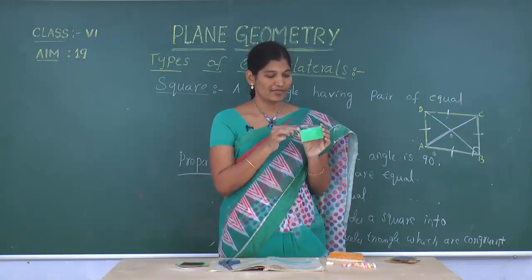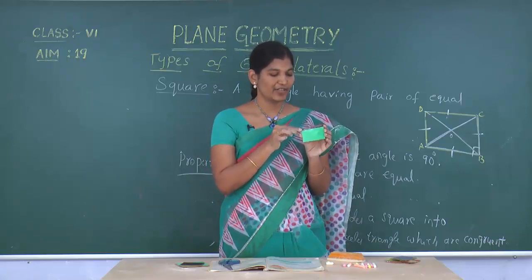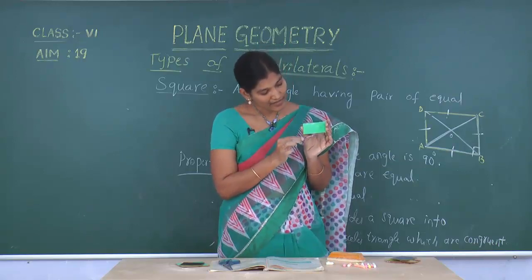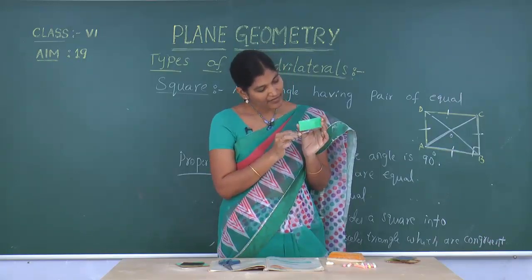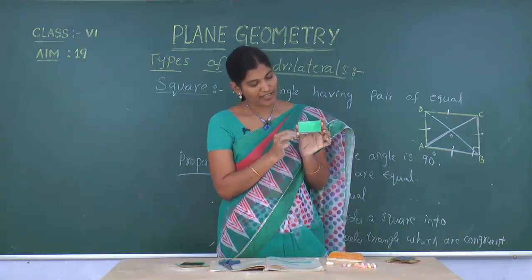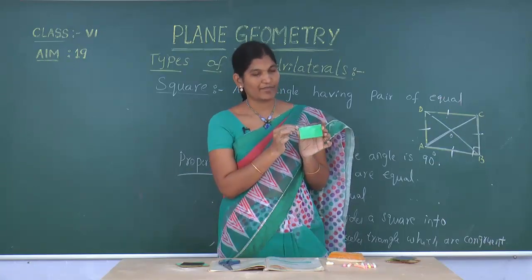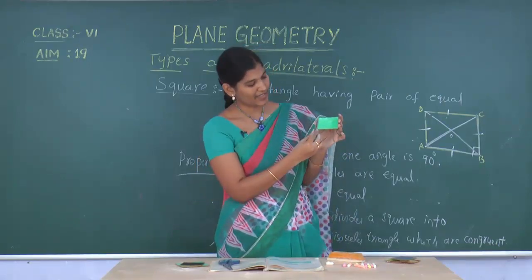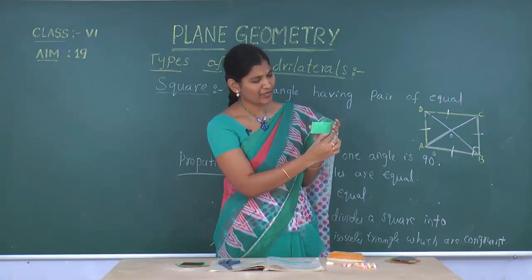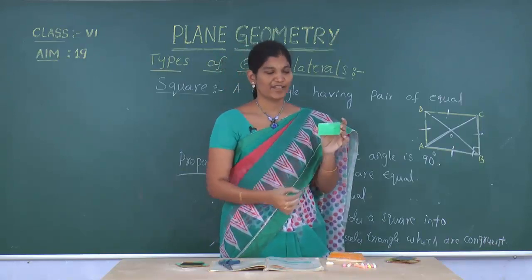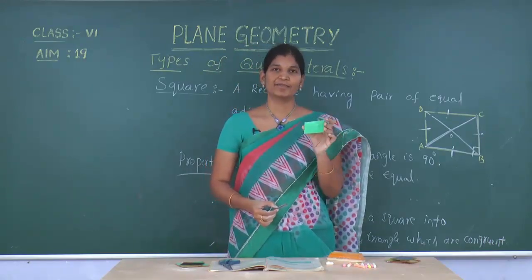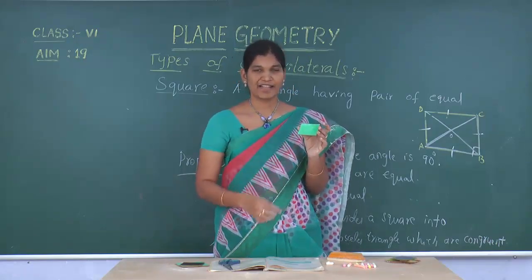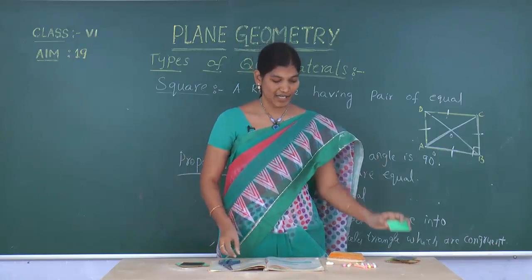If you measure, you will definitely get this. By practically taking and measuring, you can check it. This is about the rectangle. In a rectangle, diagonals bisect each other, and moreover they are equal.